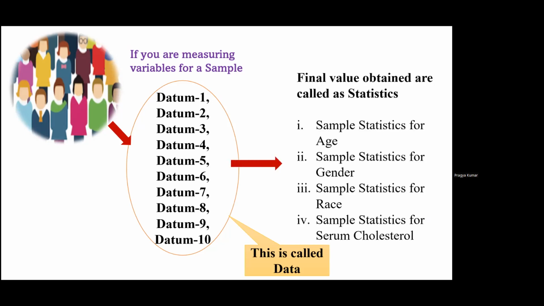So data is just the plural of datum. The final values which we receive or calculate, like the 10 ages, 10 genders or 10 blood pressures, are known as sample statistics. Because we have collected this sample from a population and we are calculating the mean, median or any other descriptive statistic, this is known as the sample statistics.